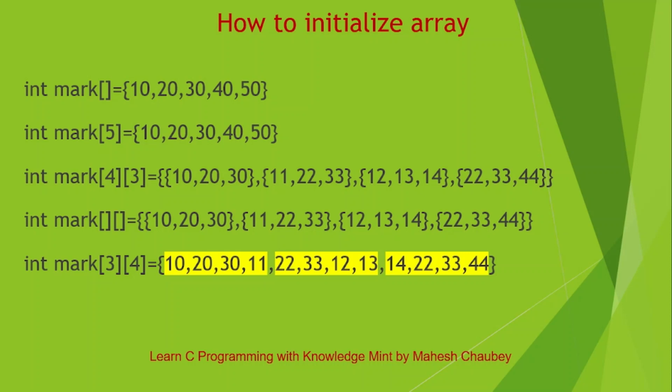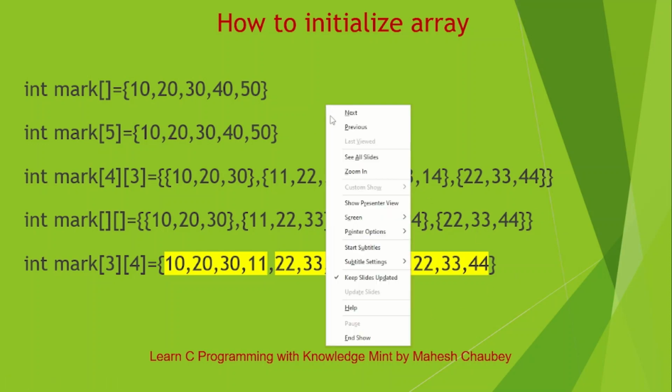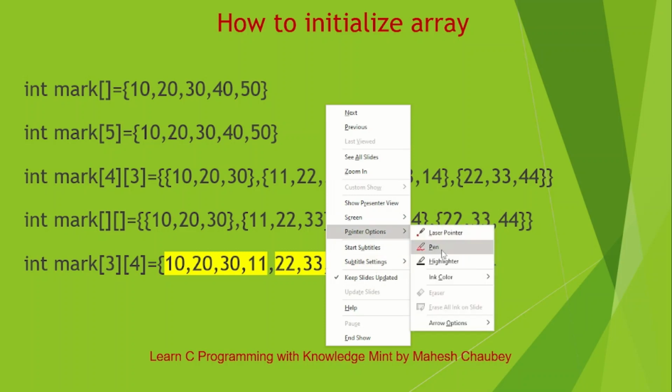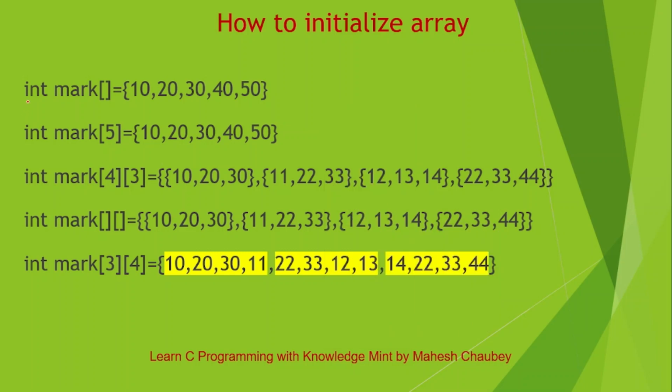Here we'll learn how to initialize an array. So see it here. This is int, the type of array. This is the name of the array. Here at the time of initialization, we have missed the size. No problem. What will happen?